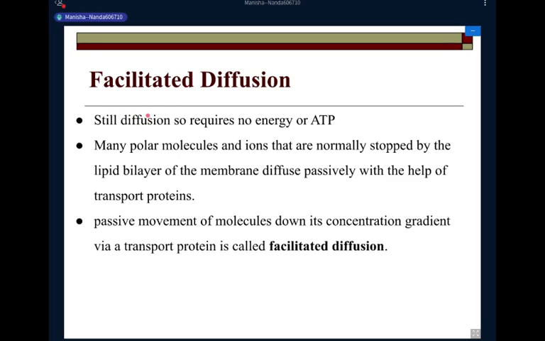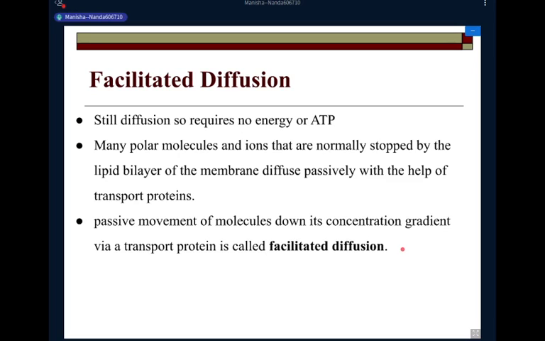So facilitated diffusion is still diffusion, so it requires no energy or ATP. Many polar molecules and ions that are normally stopped by the lipid bilayer of the membrane diffuse passively with the help of transport proteins. Passive movement of molecules down their concentration gradient via a transport protein can be defined as facilitated diffusion.